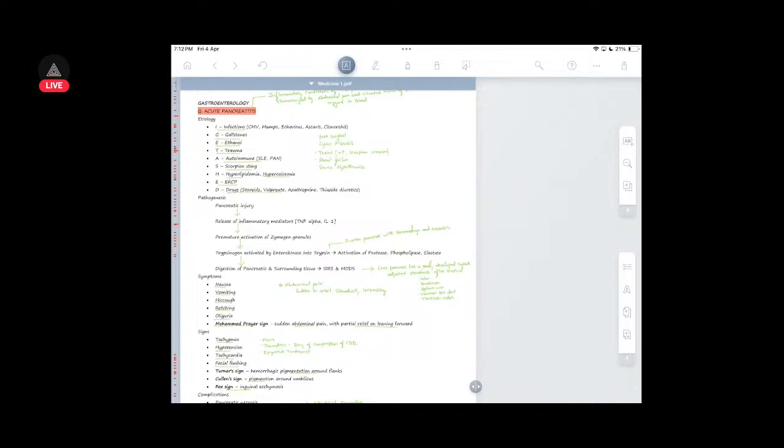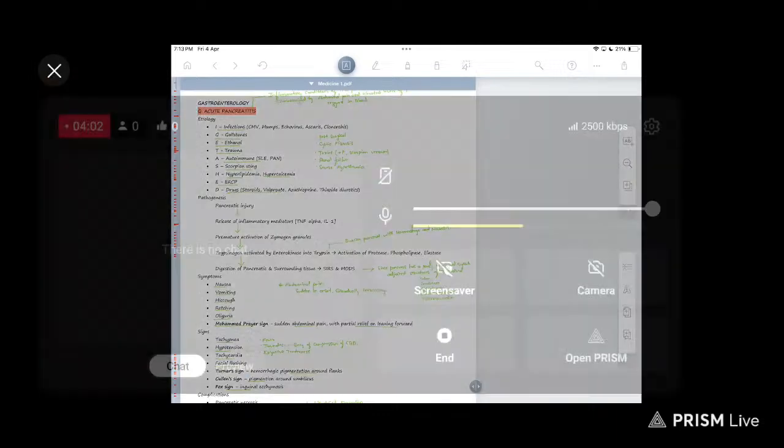So, starting off, unfortunately my Apple Pencil, it's not such. Just a second.